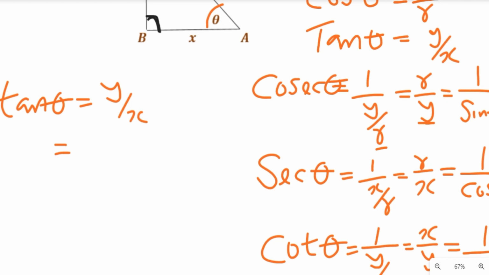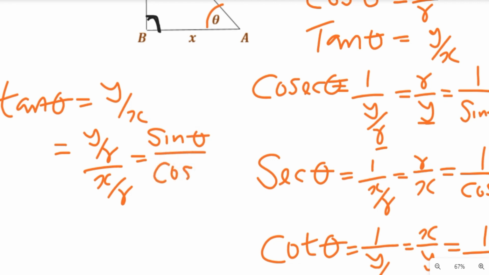Now, to have this y divided by x, we'll see that we'll have y divided by r divided by x divided by r. Now, if we divide this value, you're going to see you will have y divided by x. So that really shows us that tan theta can be equal to sine of theta divided by cos of theta, because this is cos of theta.